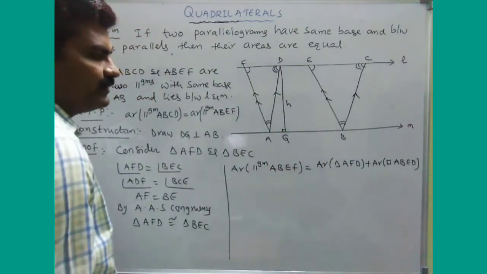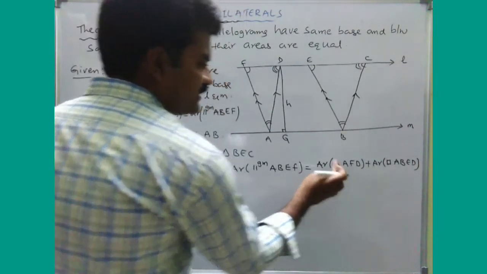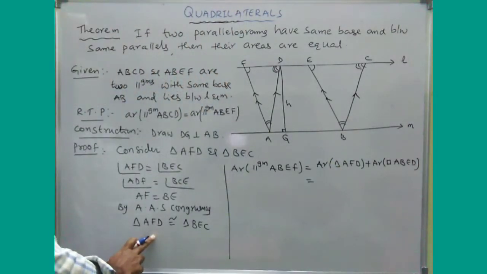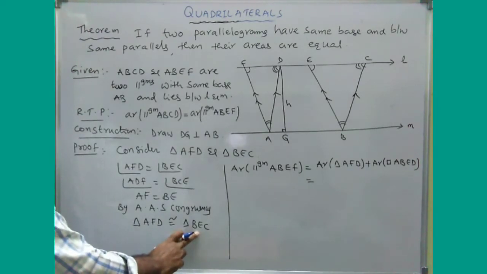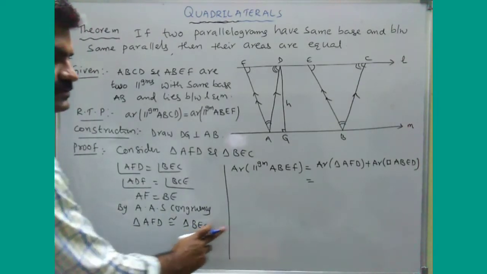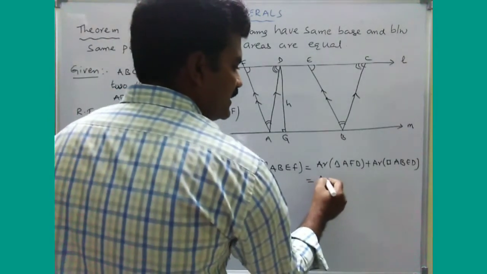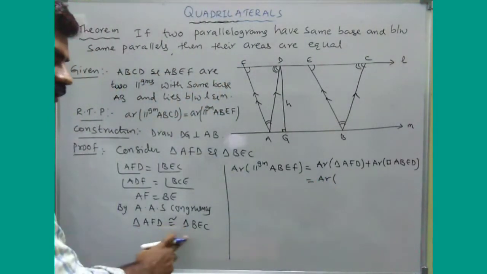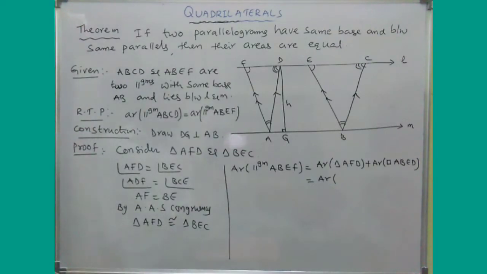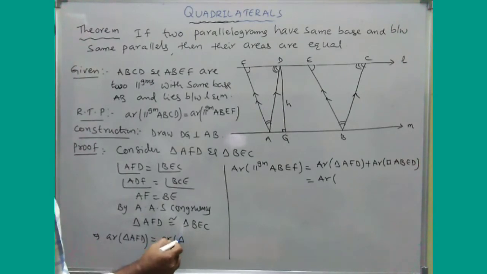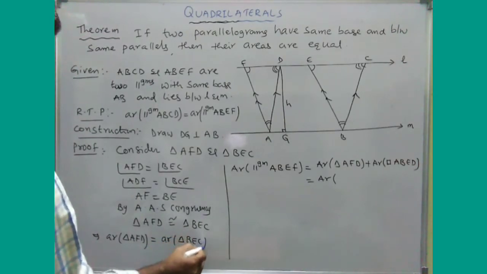Fine. But just now we got that triangle AFD is congruent to triangle BEC. So when they are congruent, they are equal in their areas. That implies we can also write that area of triangle AFD is equal to area of triangle BEC.